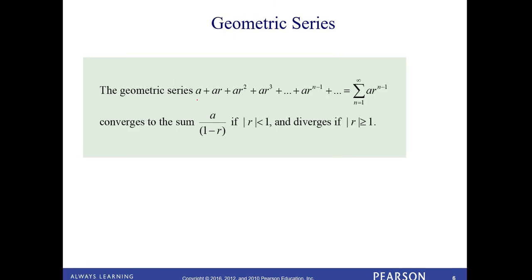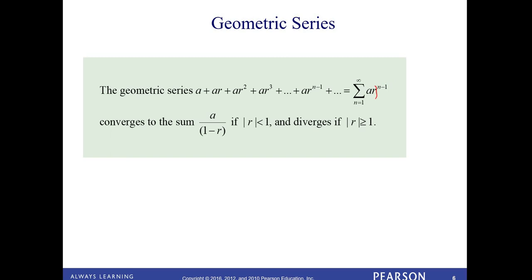A geometric series, which is the sum, as n goes from 1 to infinity, of a times r to the n minus 1, converges to the sum a over 1 minus r if the absolute value of r is less than 1, and it diverges if the absolute value of r is greater than 1.